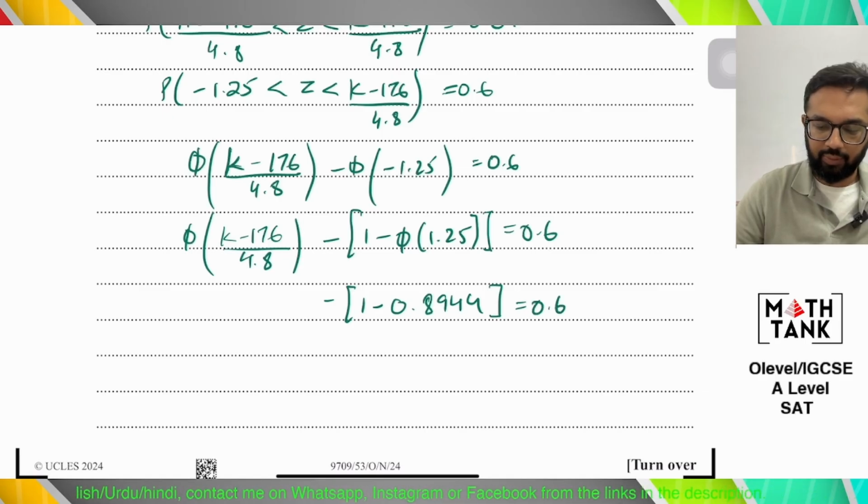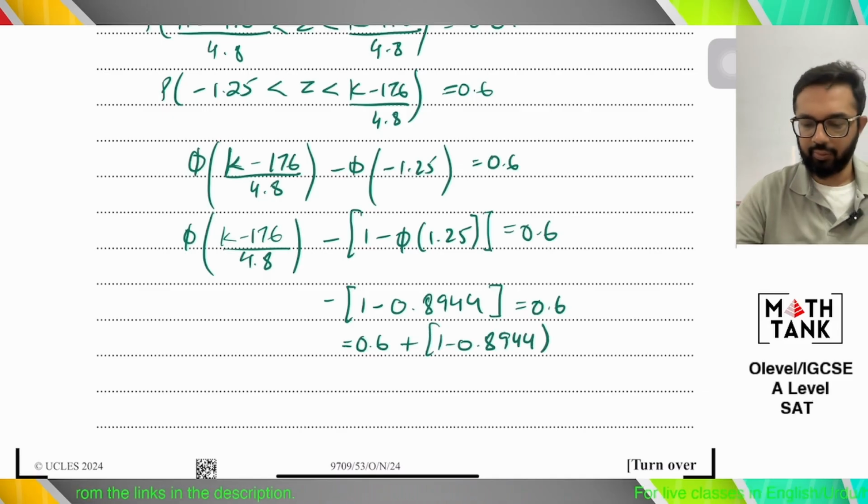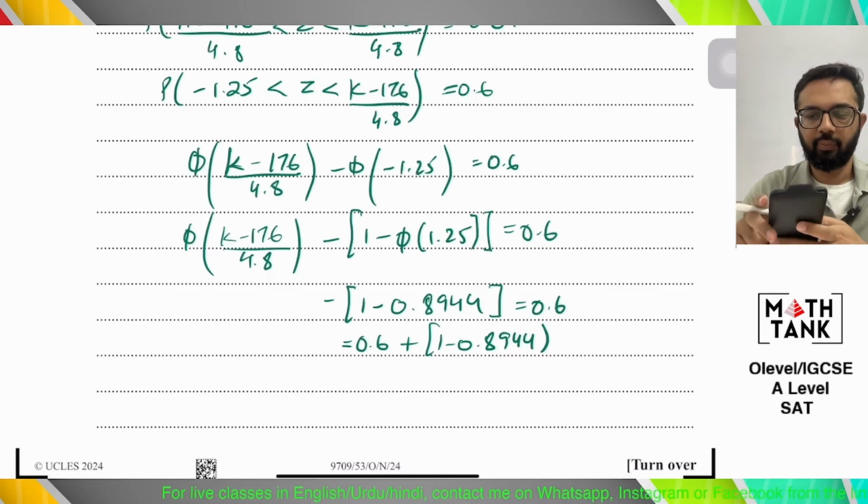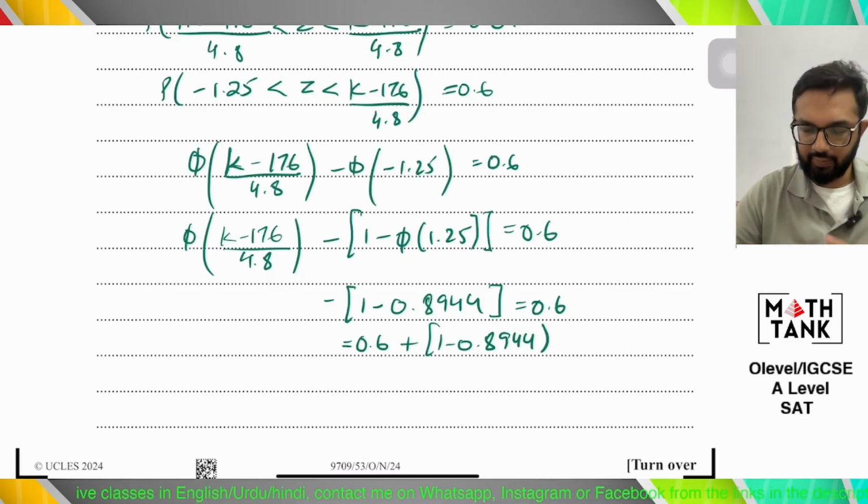When this moves to the other side, it's going to become 0.6 plus 0.1056, which is 0.7056.